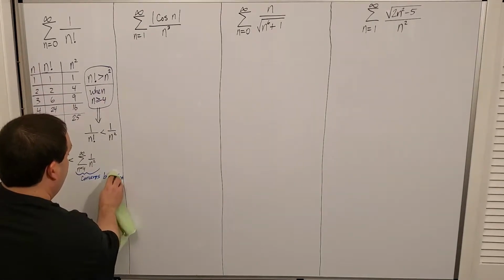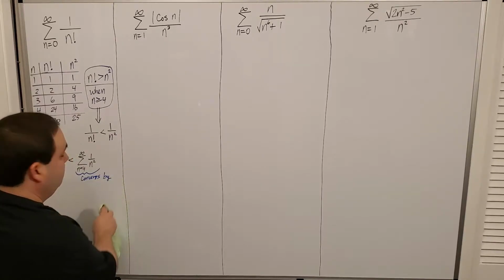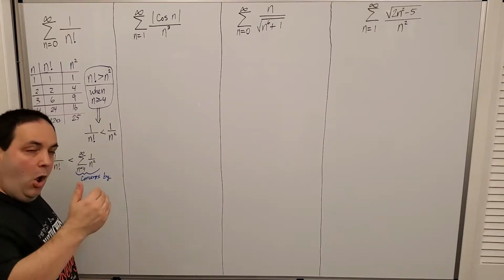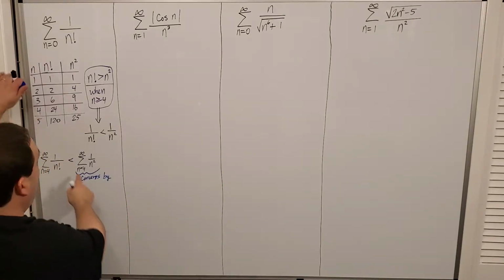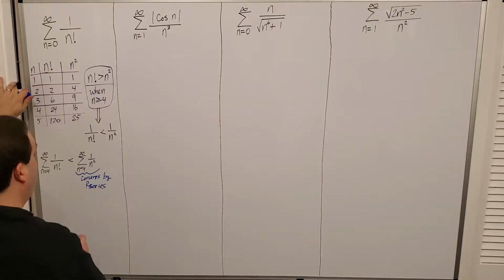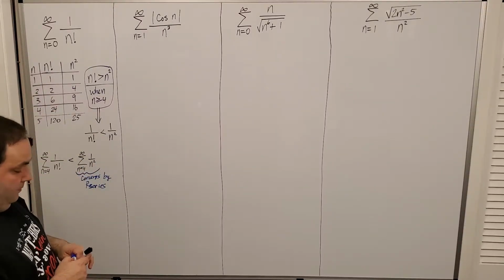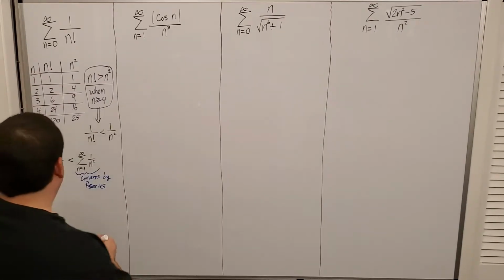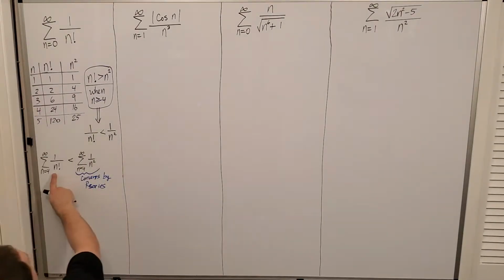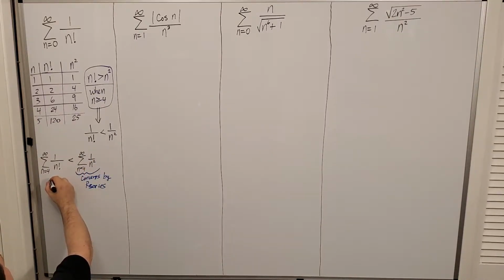If you're doing proof by direct comparison, or even by limit comparison, you have to state all of these little details. I know that the thing I'm comparing it to converges by p-series, because 2 is greater than 1. Therefore, this converges because it's less than this. So this converges by comparison.